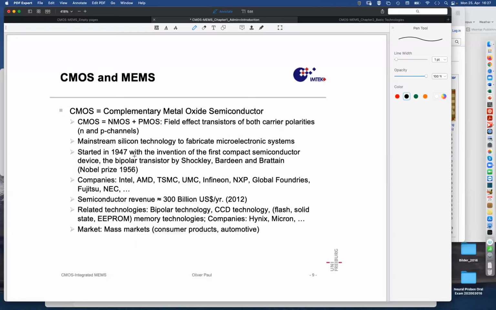This started in 1947 with the invention of the first transistor. There are pictures of this device by Bardeen, Shockley, and Brattain, I think.